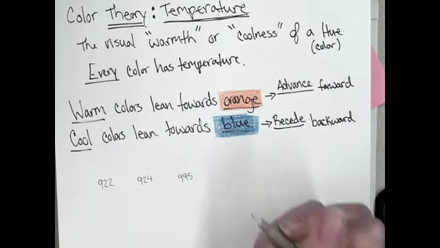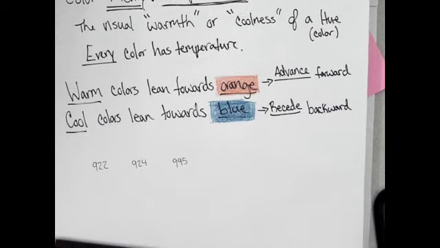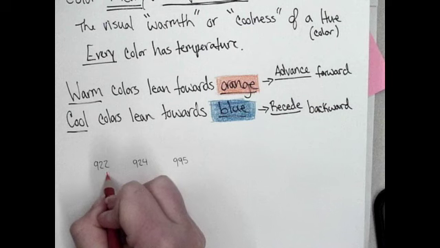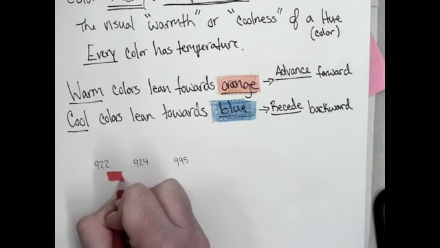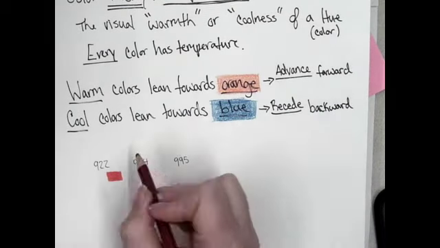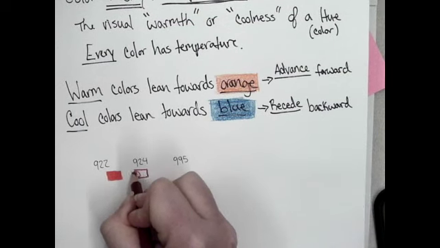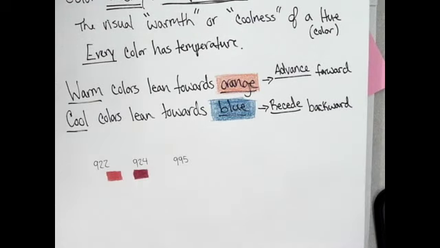I'm using 922, 924, and 995. Go ahead and make a burnished square. It doesn't have to be huge. Don't waste too much pigment. Or a rectangle of each of those 3 colors.